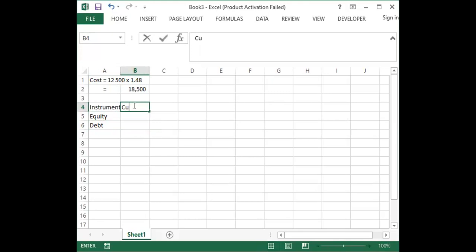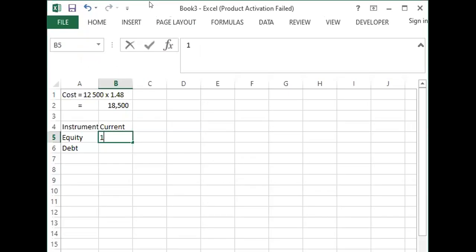We have been told that we need to use the book values. So our equity is 14,240, and then our debt is 3,560.